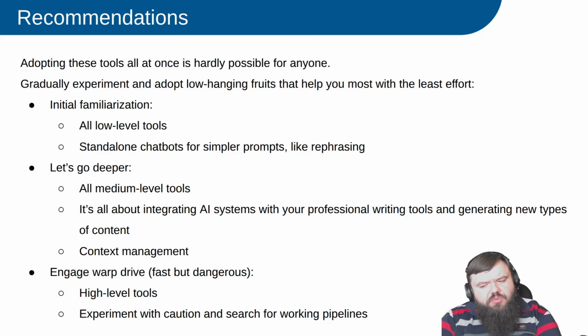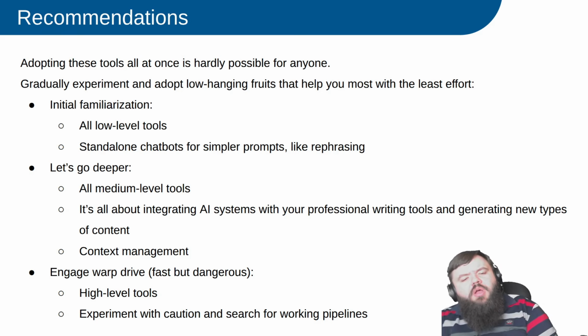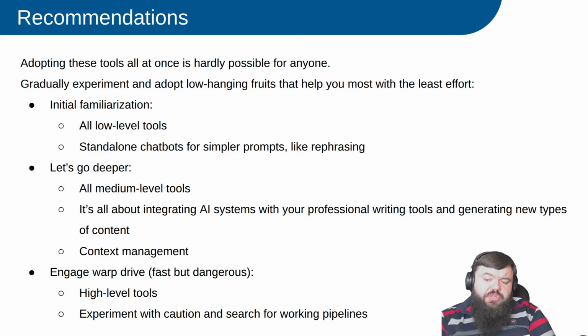Chatbots are already quite powerful, and you can copy paste some context into them if you need. They can work quite efficiently with a lot of tasks. There will be a lot to explore. But if you want to go deeper, you have the medium level tools, as in at least trying integrating these AI systems into the professional tools that you're already using. It's a great step in improving your efficiency and exploring new horizons.